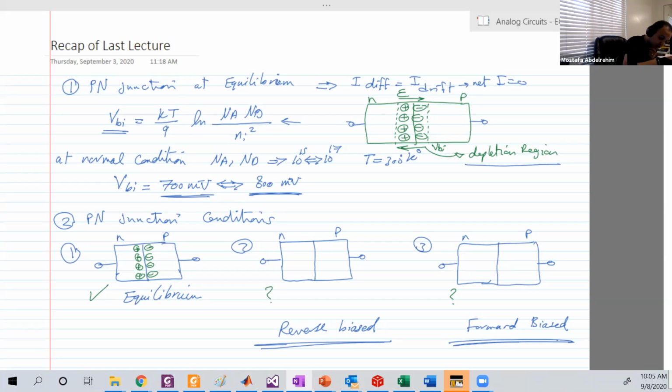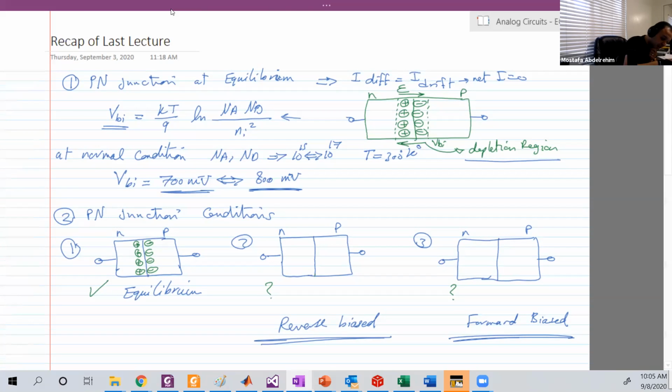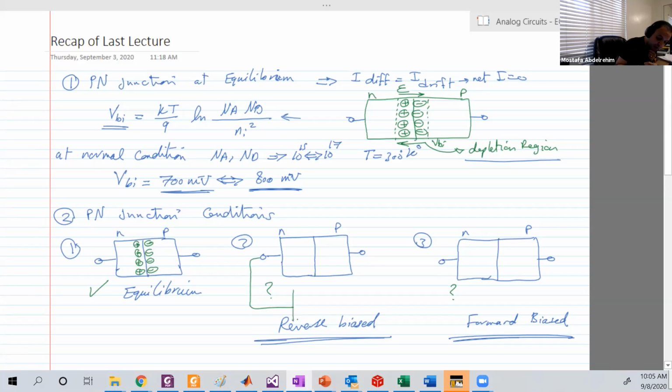In reverse, I will connect it in that way, making the positive terminal of the voltage connected to the N side of the junction, and the negative terminal of the voltage to the P side of the junction. This is reverse because they are reversed.